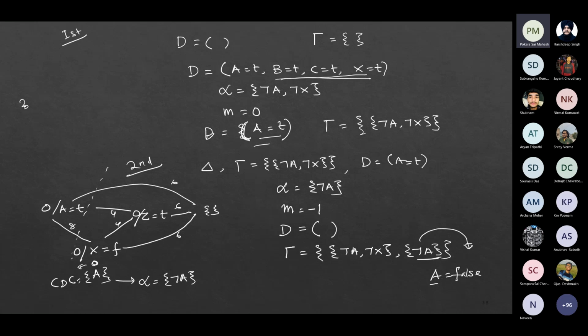Now in the third iteration, what we will be doing? We have assigned a equals to false. What is the implication? We have something like, say, a implies we have ab, right? The first clause was ab. Now, as soon as we set a to be false, by using clause 1, at the 0th level, we have to assign B to be true, right?